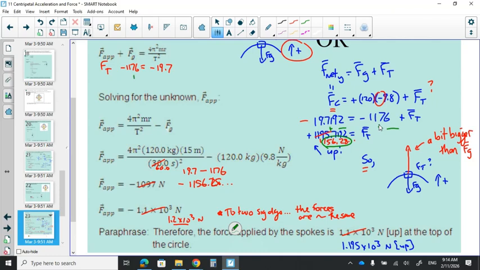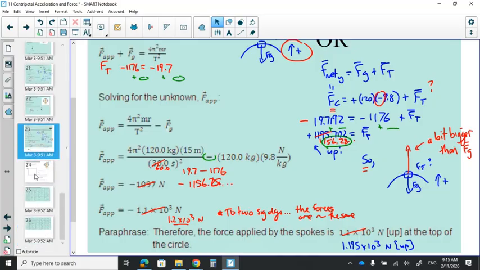All that happened in my error when I was planning this out was I added those things together instead of subtracting by accident. And I didn't have the negative in here like I should have, right? So directions matter, of course.